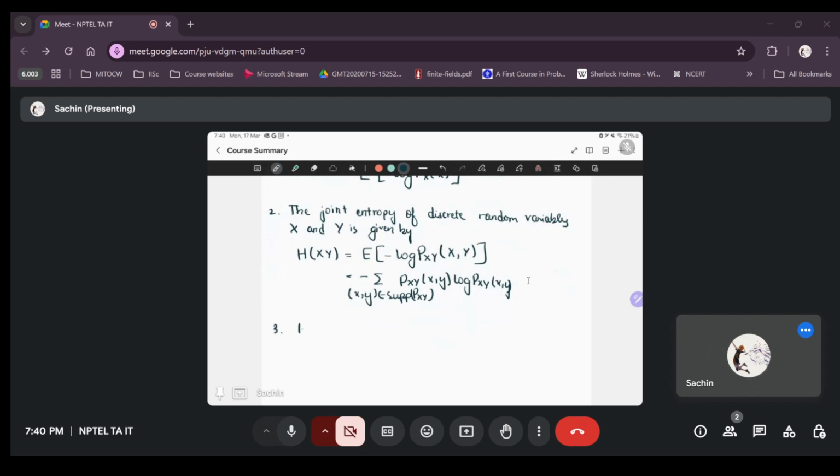And we have, if script x is 0, 1. It doesn't have to be 0, 1, it can be any two values.